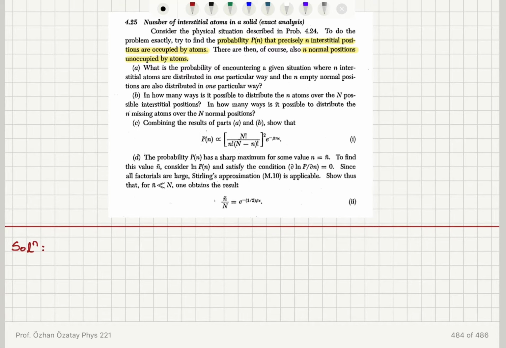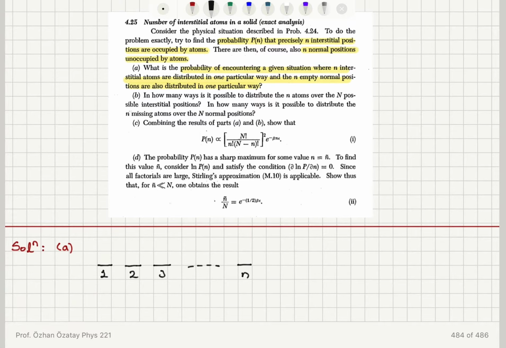What is the probability of encountering a given situation where n interstitial atoms are distributed in one particular way and n empty normal positions are distributed in one particular way? So we know that the interstitial positions 1, 2, 3, all the way up to n will be occupied.